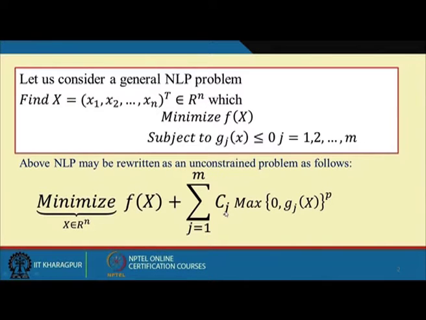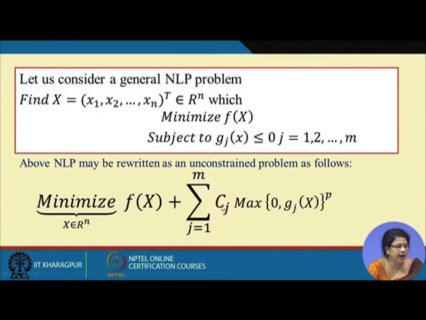Now if we have more number of constraints, just like the Lagrange method, we will construct the unconstrained problem this way: minimization of f(x) plus summation of Cj max of 0, gj(x) to the power p. Now p is a positive integer value here.